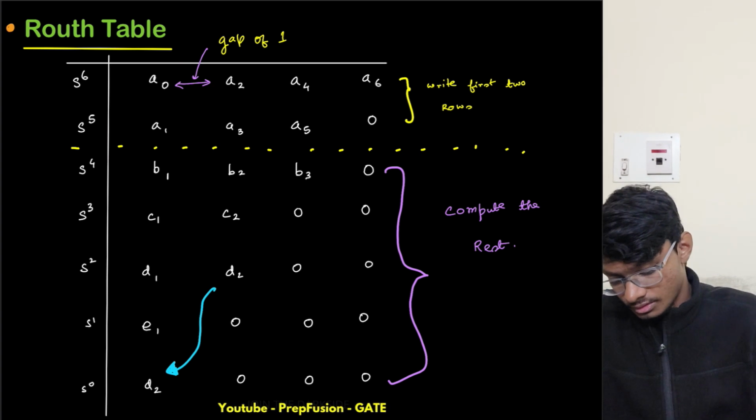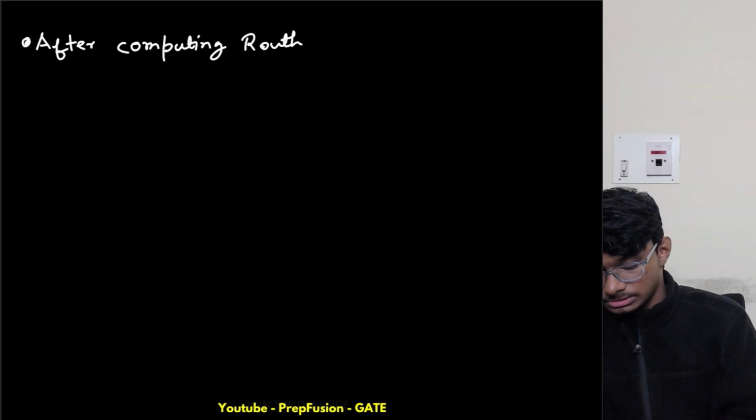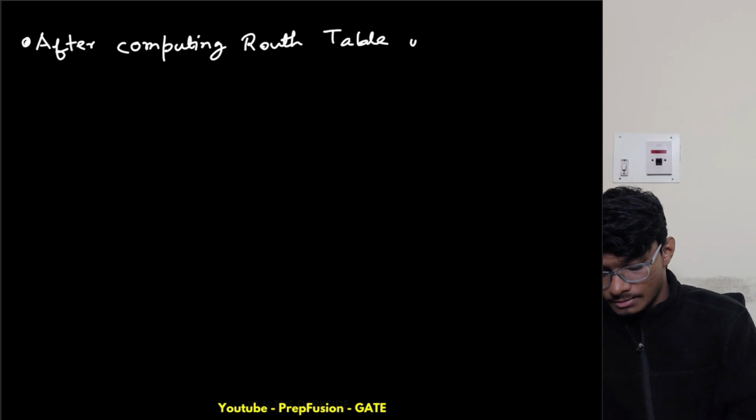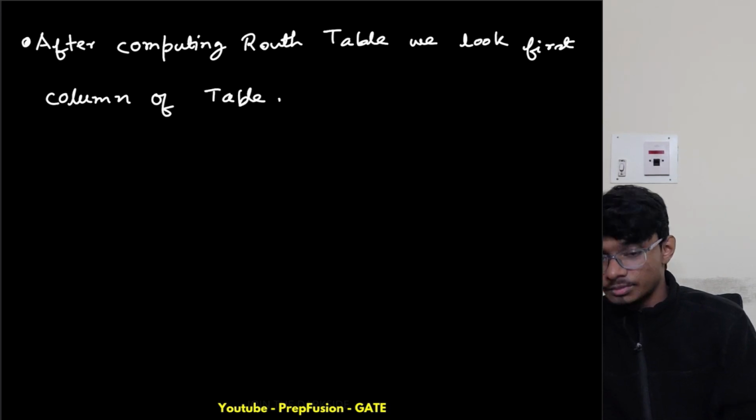So after computing the Routh table, we look at the first column of the table. Okay, but you might ask why.